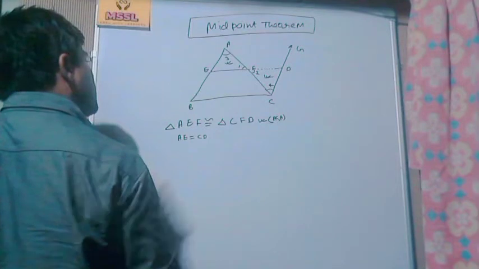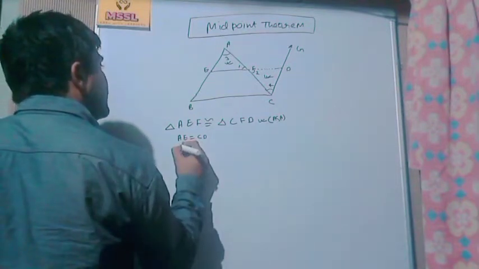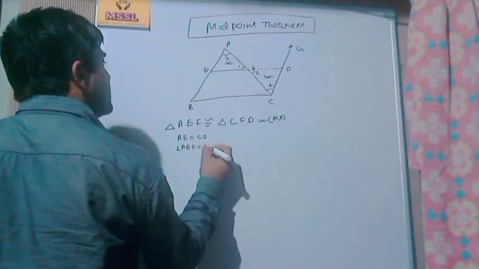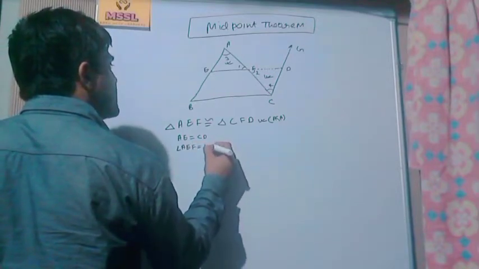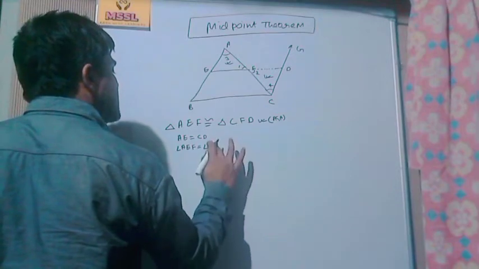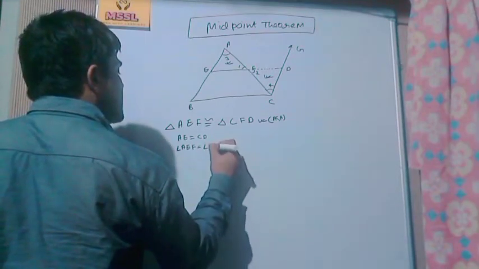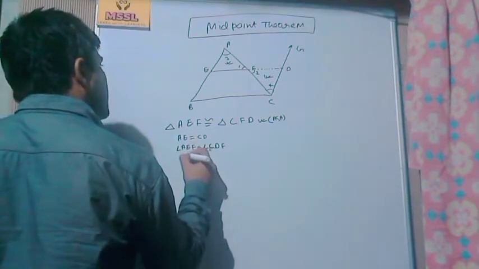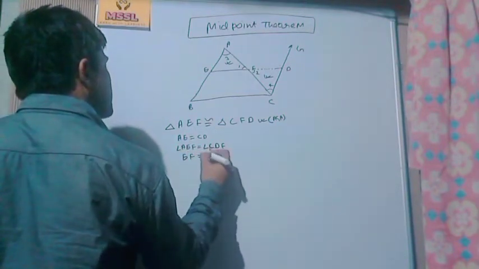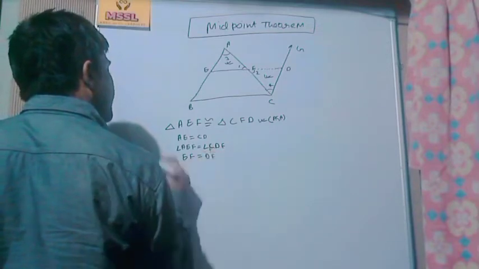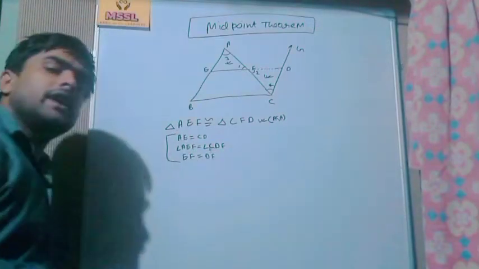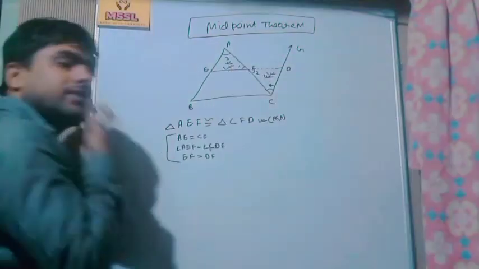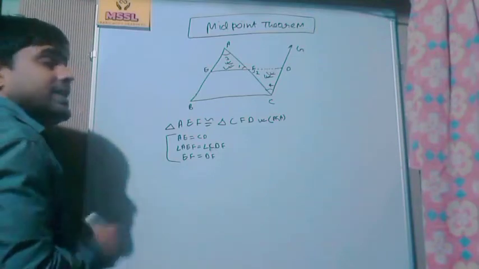We can say that angle AEF equals angle CDF also. And also we can say that EF equals DF. These three pieces of information we get from the congruency of these two triangles. So we'll see how we can use it.